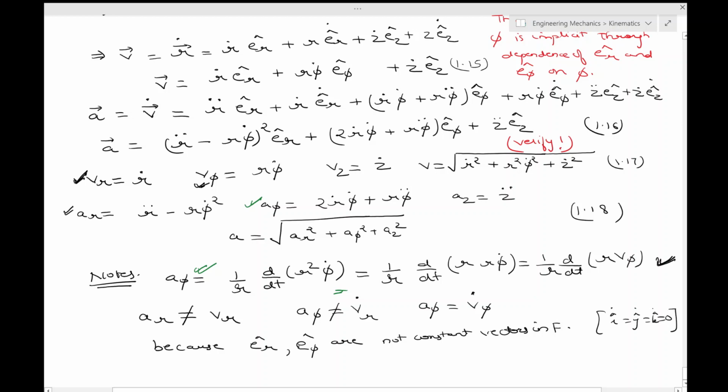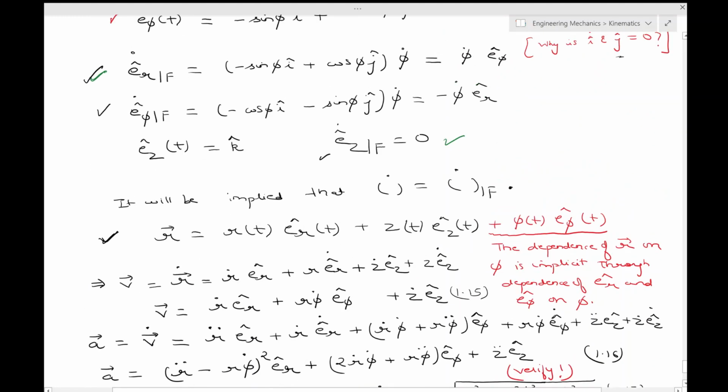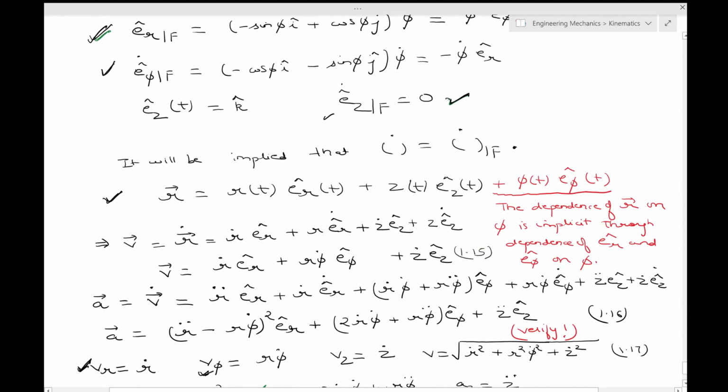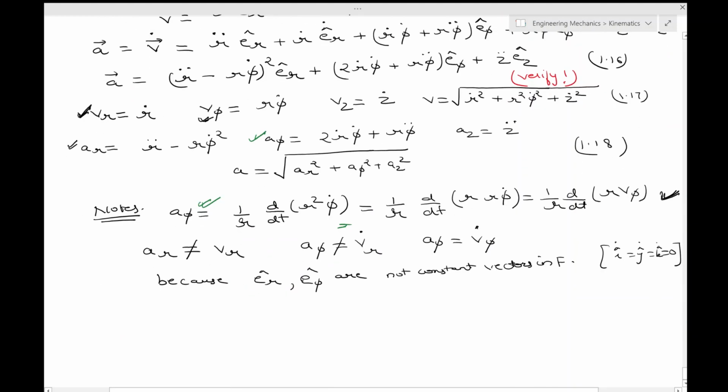This is not the case over here. Clearly you can see that Er dot and E phi dot have some values. Well, Ez dot is an outlier, but other than that, the other two coordinates of this system are not 0.